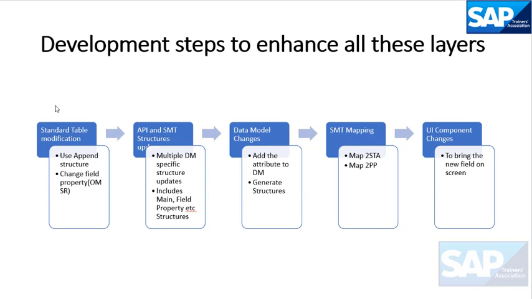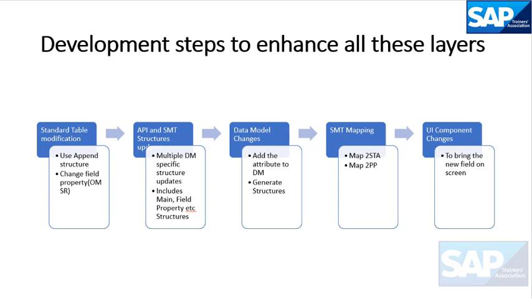It's in fact almost exactly opposite of what the layers were. So first we will enhance the table, then we'll enhance the API structures and the SMT structures, then we'll enhance the data model, then we will do the SMT mapping, and then we'll do the UI enhancement.